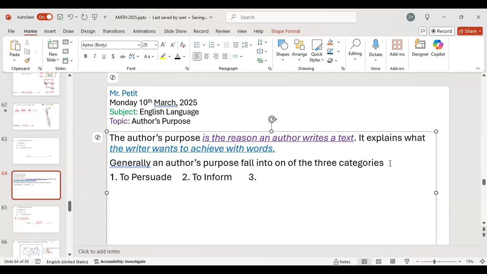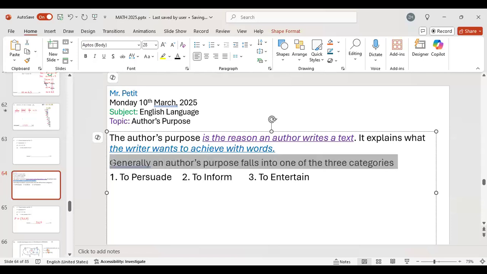To entertain. Mr. Petit, I'm sorry, but I see a couple of typos there. To entertain. Falls has to have an S, and into one with an E. Thank you. One of the three categories.